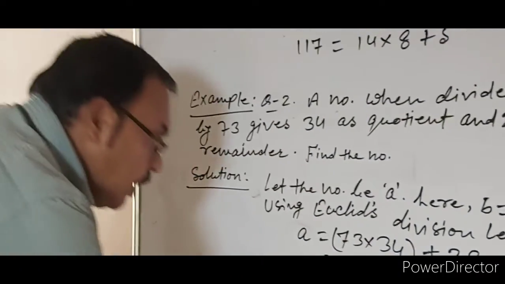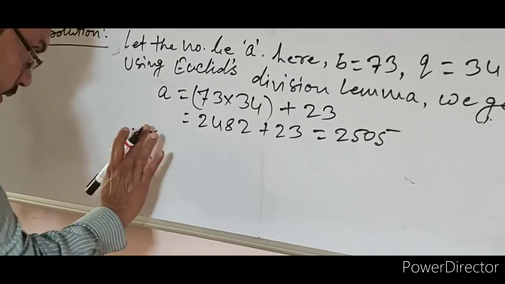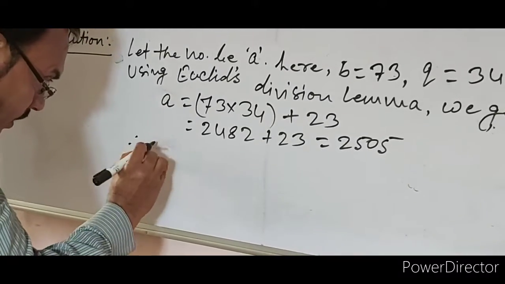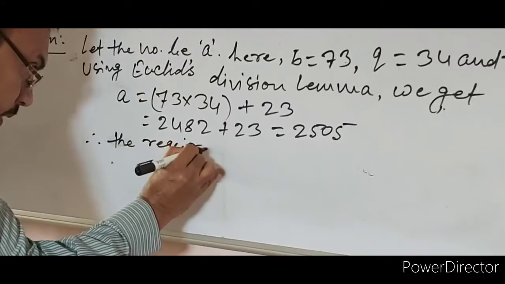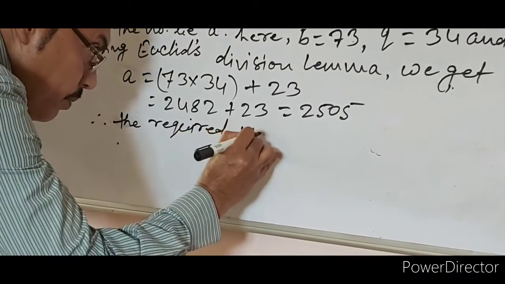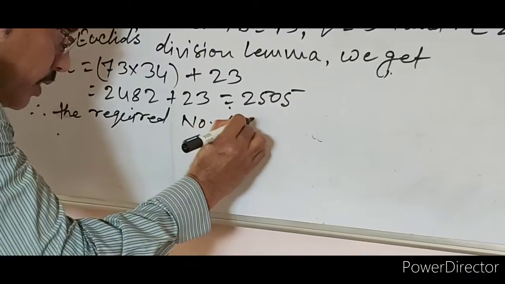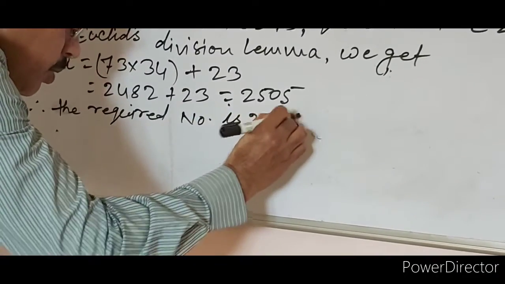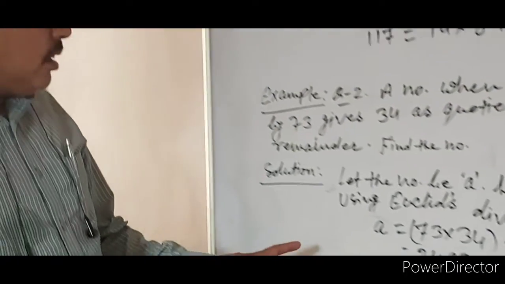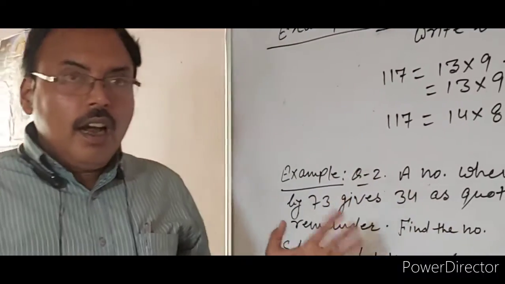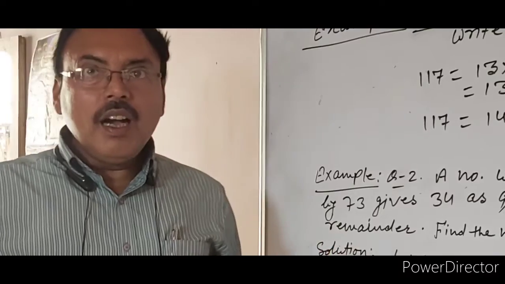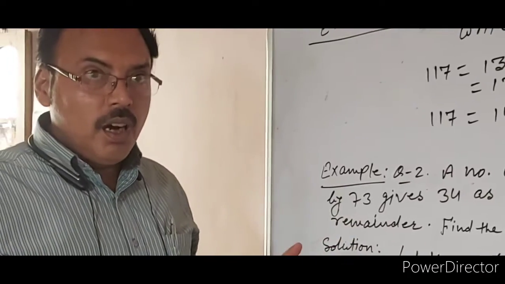Okay, correct. Therefore the required number is 2505. Thus we have in this class learned about the definition of lemma and Euclid's division lemma.